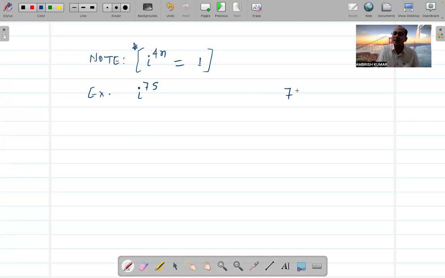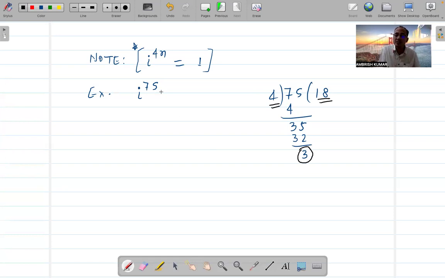You have to divide 75 by 4. 4 into 1, 4, 3, 5, 4 into 8, 32, and then you have to find the remainder, which is here 3. Now what we can do here? 18 into 4, this is 72, and then plus 3, it's 75.